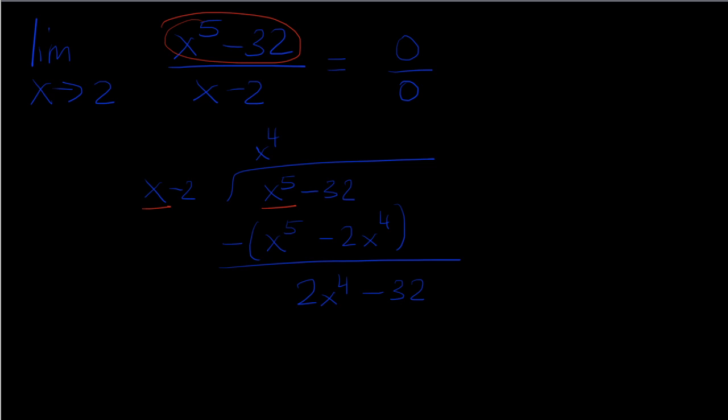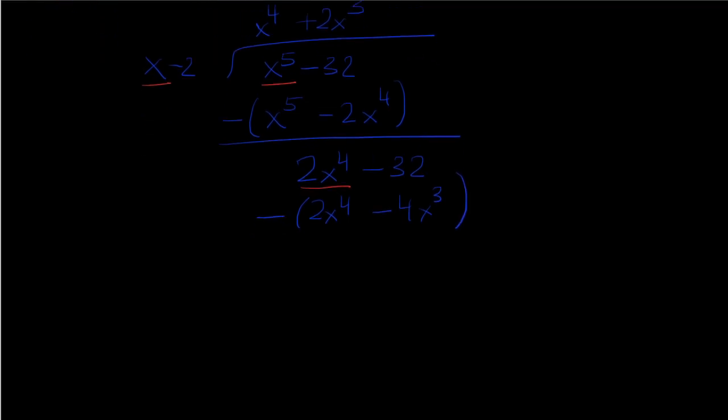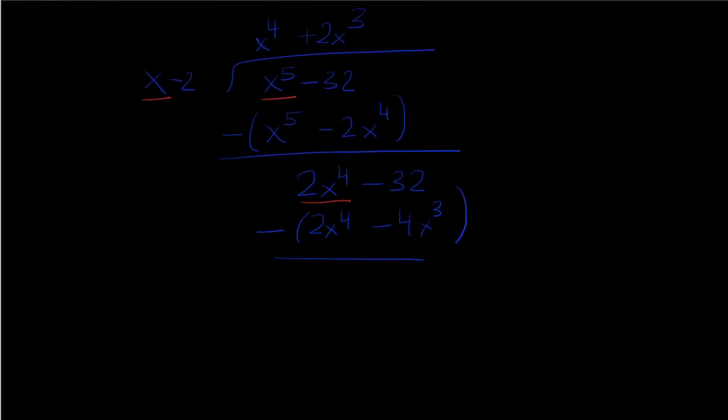Next, I look at x and 2x to the fourth. I need to multiply x by 2x cubed to get 2x to the fourth. So I have 2x to the fourth minus 4x cubed. The 2x to the fourth cancel. I'm left with 4x cubed minus 32.